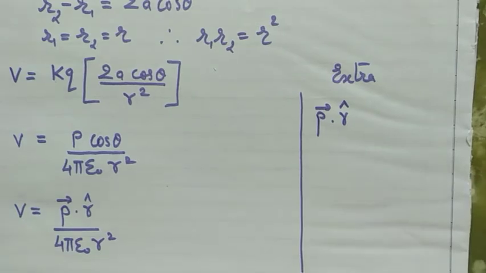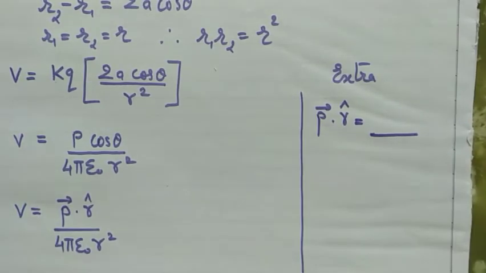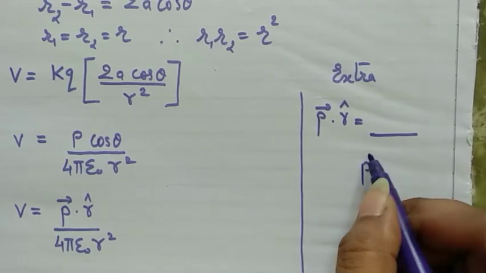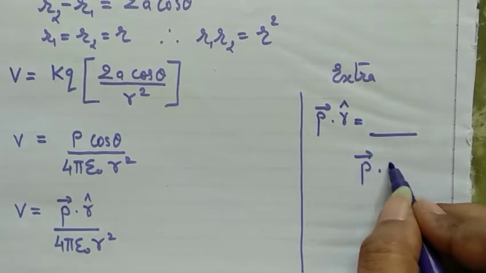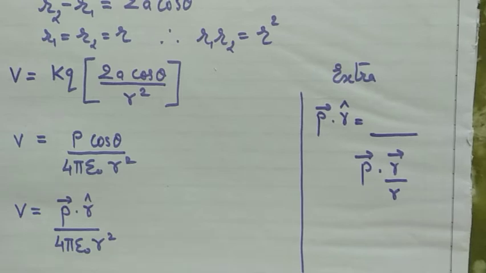In this, what is r cap? R cap is vector r upon mod of r. So I'll substitute that value. So instead of r cap, what I'll write now? Vector P remains as it is, dot, instead of r cap, I'll be writing vector r upon mod of r.